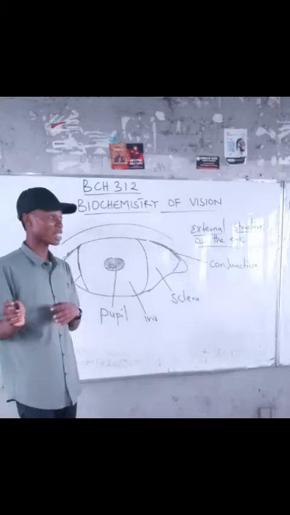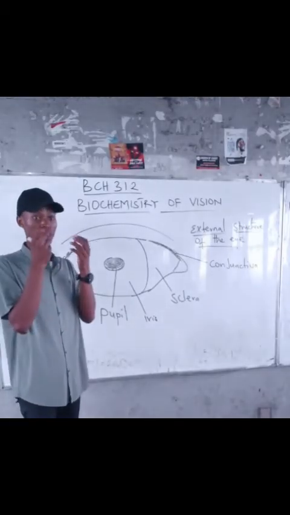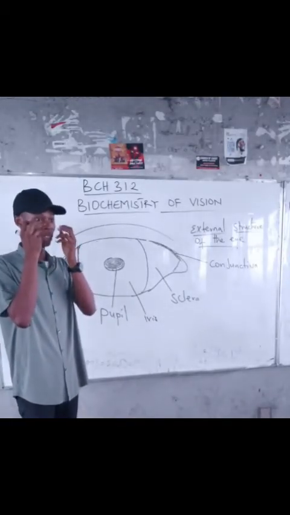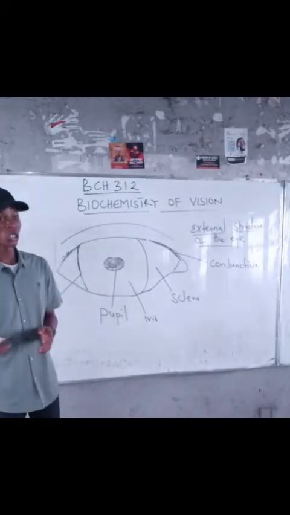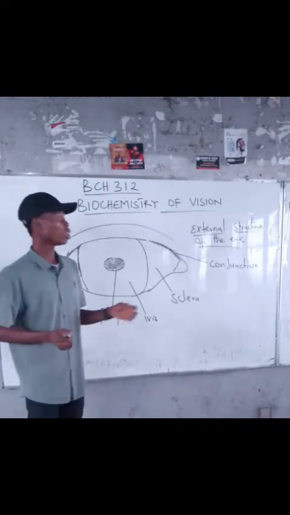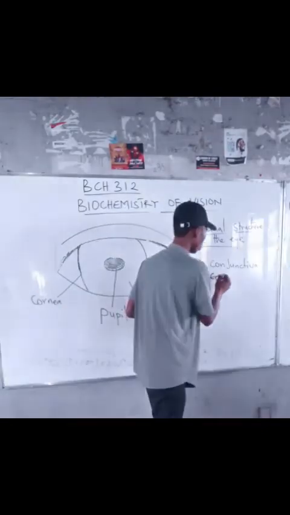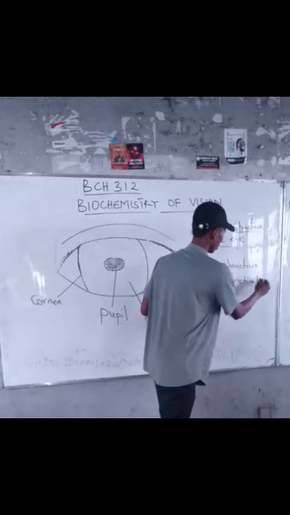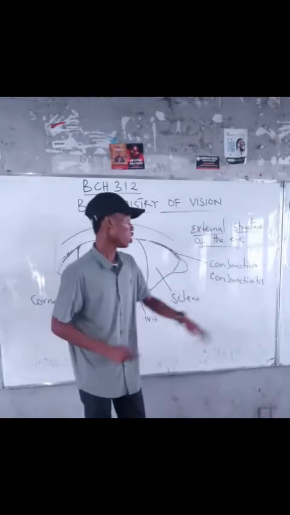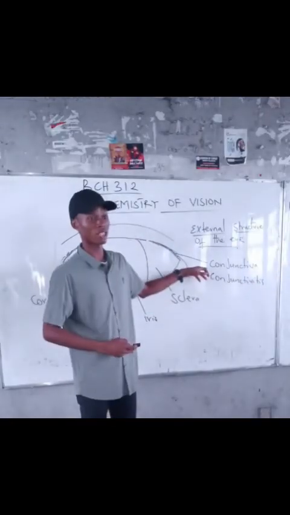You heard of Apollo, right? During the time of Apollo, all your eyes will be red, isn't it? That thing is not Apollo. It's called conjunctivitis, the inflammation of the conjunctiva.